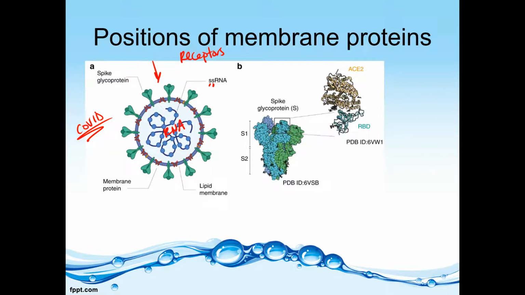It does have a little bit of a lipid membrane, and then it has some membrane proteins, and then it has these guys, spike proteins. And the spike proteins are what give COVID its name. We call them coronaviruses because these guys in our electron microscope pictures look a little bit like a crown around the virus particle.